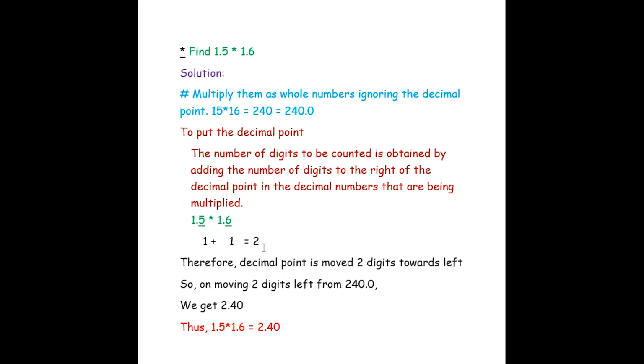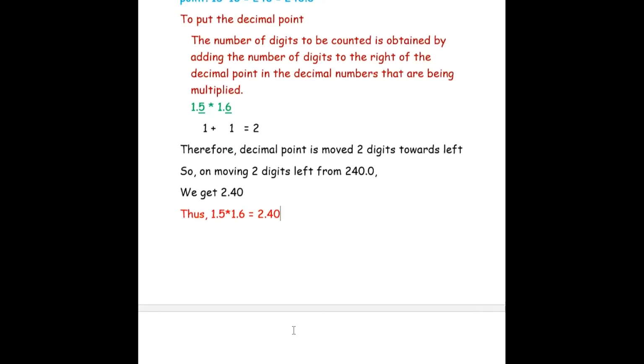Now we want to move the decimal point 2 digits towards the left. Here we have 240.0, so you have to move 2 digits to the left. 1, 2. So we place the decimal to get 2.40. Thus 1.5 into 1.6 is 2.40.